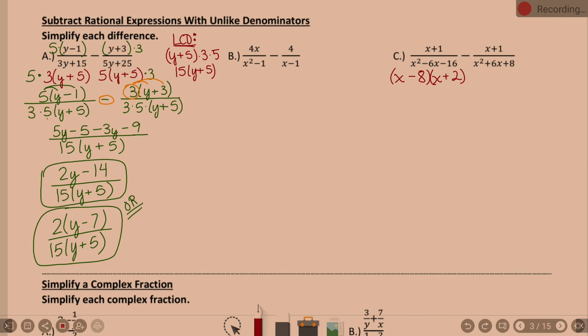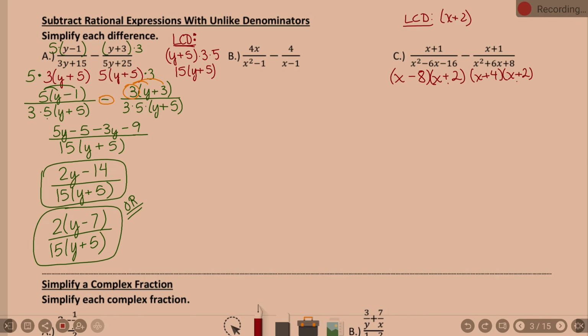x squared plus 6x plus 8. x and x, multiplying to be 8, adding to be 6, is 4 and 2, and those are both positive. I'm going to write out my least common denominator up above. Is there anything in common? x plus 2, x plus 2.